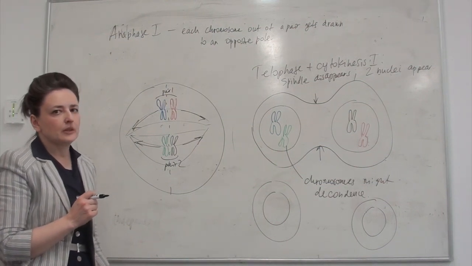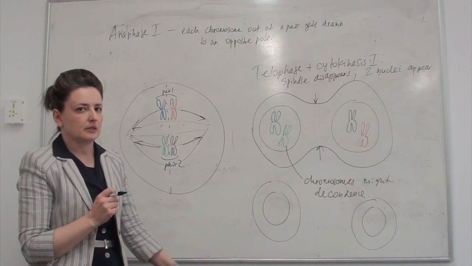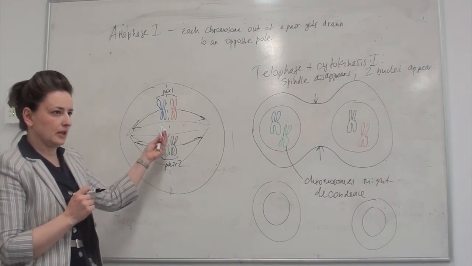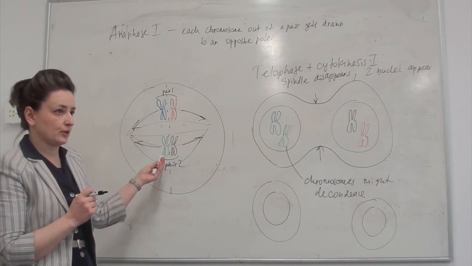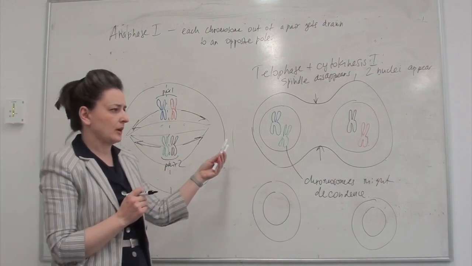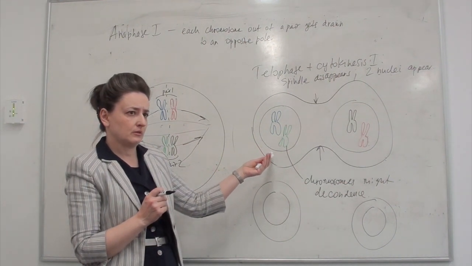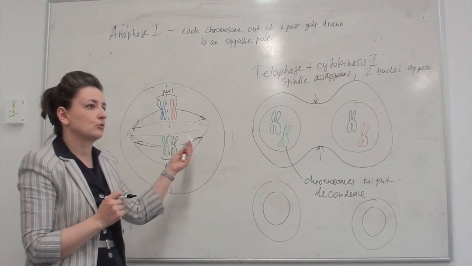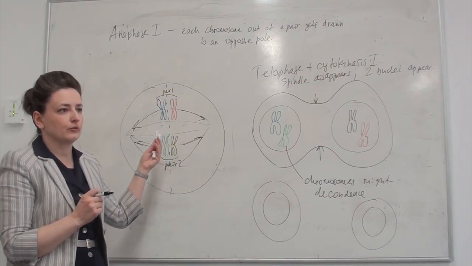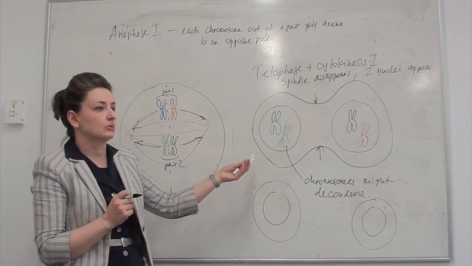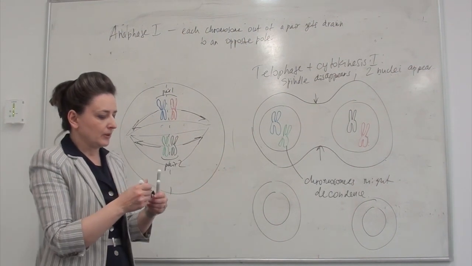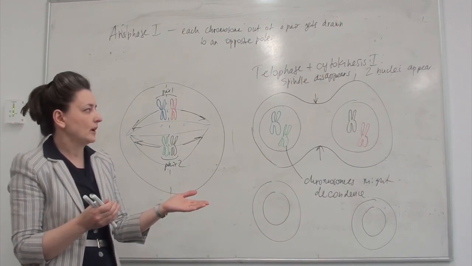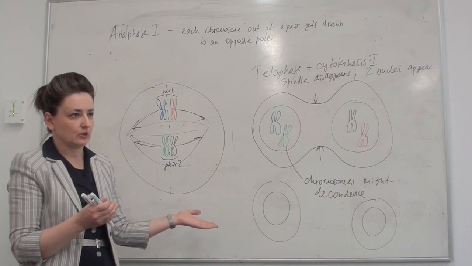So let's think about the number of chromosomes in these resulting cells. In my picture, I started with a cell which contained 4 chromosomes, just for illustration purposes. How many chromosomes have I ended up with now? Just 2, right? So I've gone from 4 to 2, but in reality you're going to go from 46 to 23. The only issue is, and that's what Chris was asking early on, why do we bother having a second division?